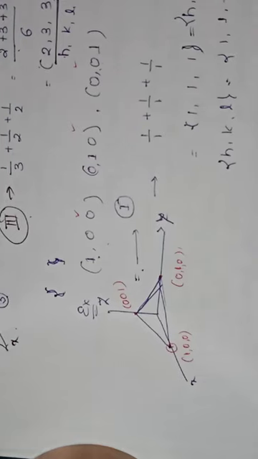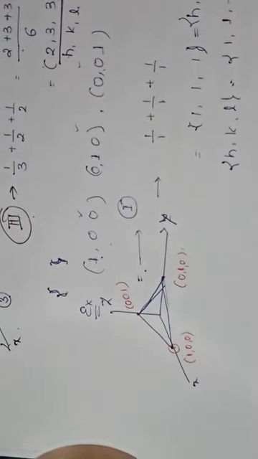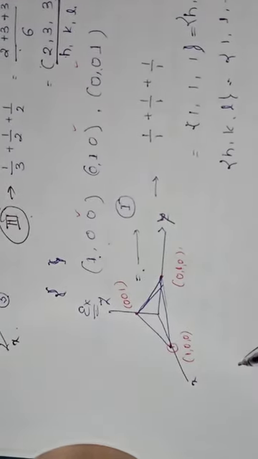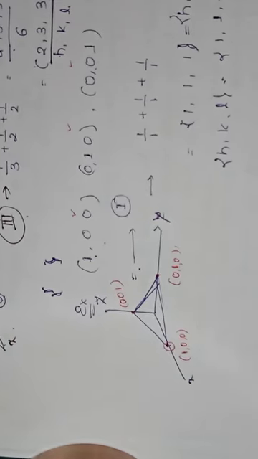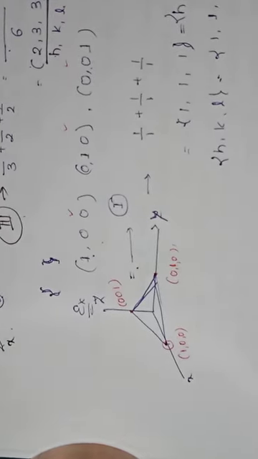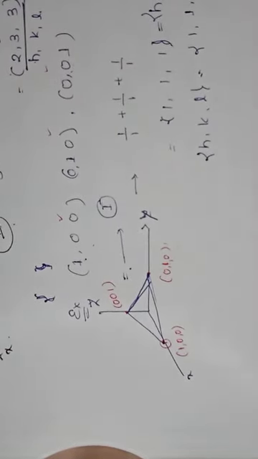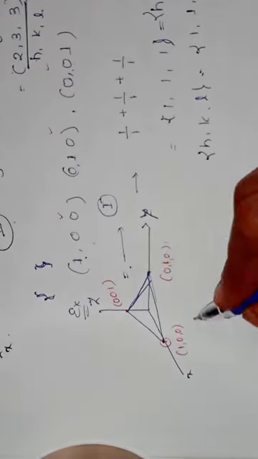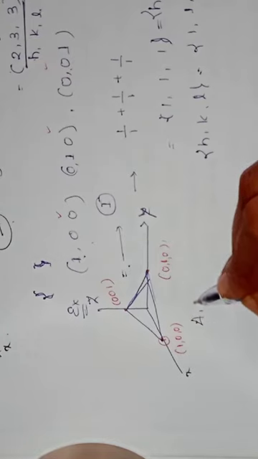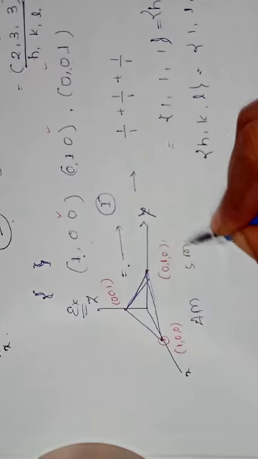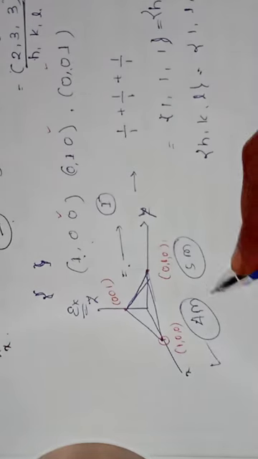Okay, this is about Miller indices. In the next class we will discuss further about these Miller indices. They may ask for 4 marks or else 5 marks about these Miller indices, so be cautious.